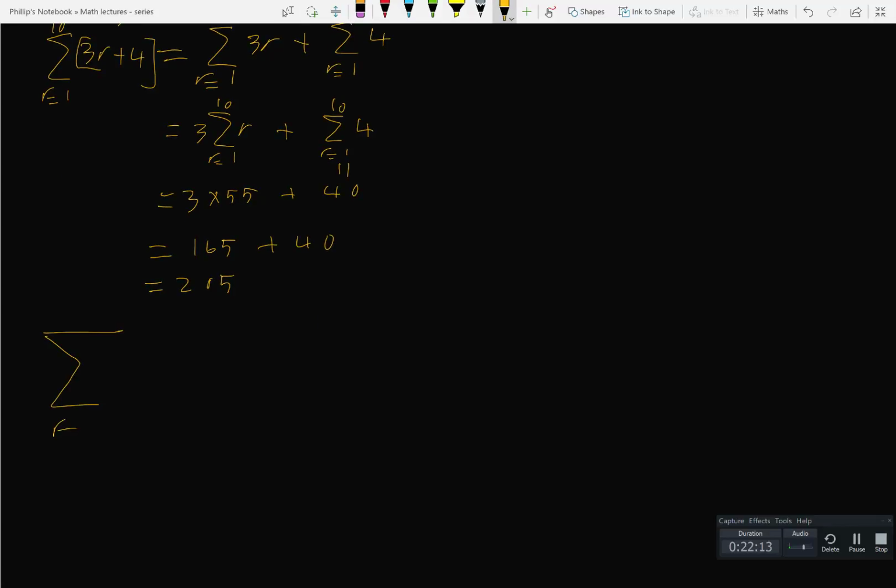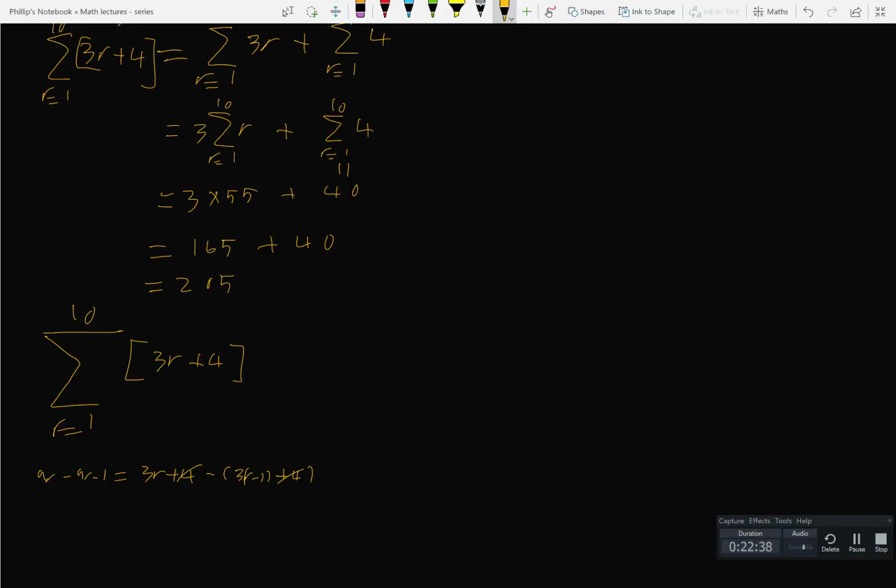We know the common difference is going to be 3. That's because if we look at a_r minus a_(r minus 1), the common difference is equal to 3r plus 4 minus (3(r minus 1) plus 4).